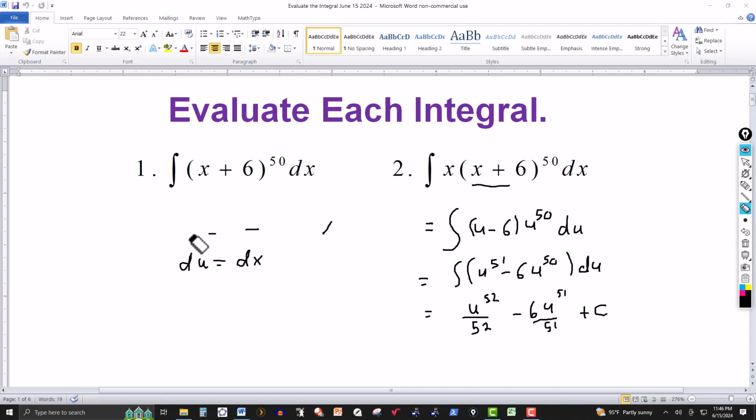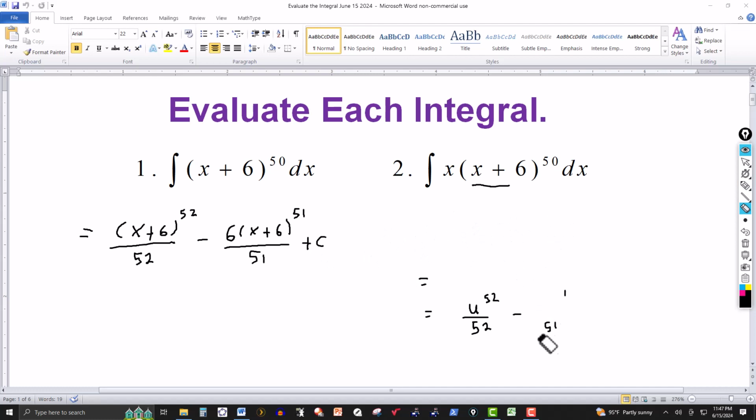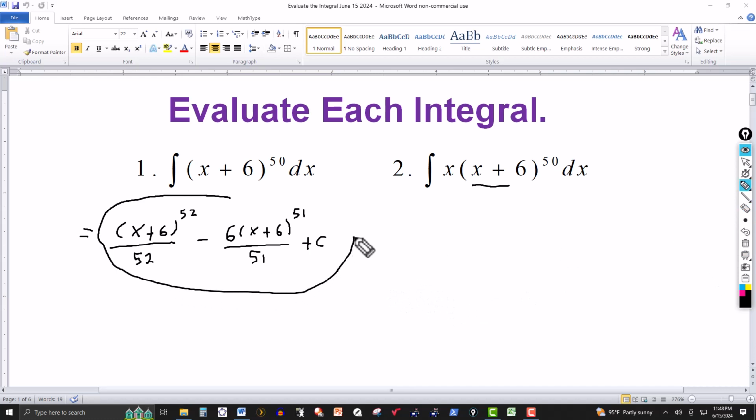So it equals x plus 6 to the power 52, and that's over 52, minus 6, and then the u is x plus 6, taken to the 51st power, and that's over 51, plus your constant of integration. And that's really your answer in terms of the original variable. So we could stop here and say, this is your answer right here.